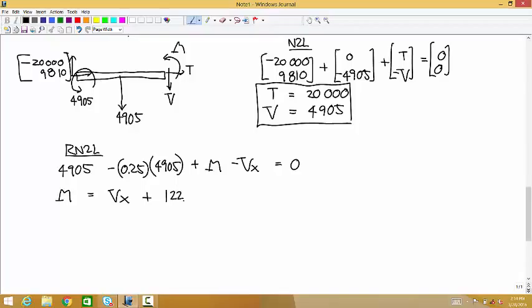Oh, I've seen that number before. How did that work? 1,000. Oh, yeah. Okay. 1,226.25. And then minus 4905.